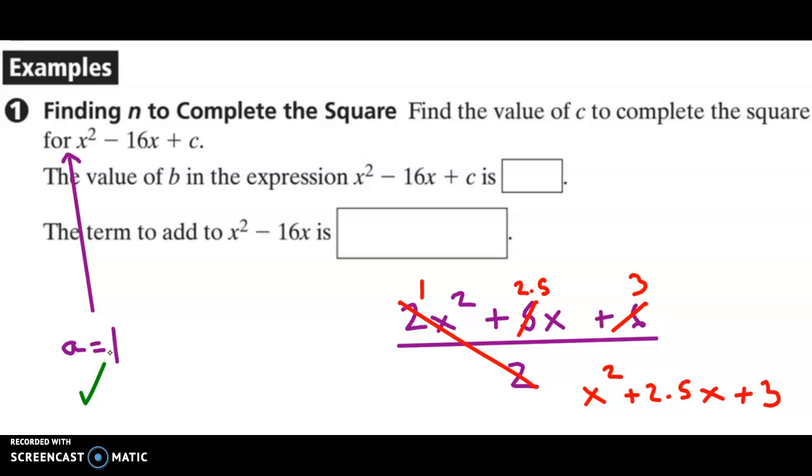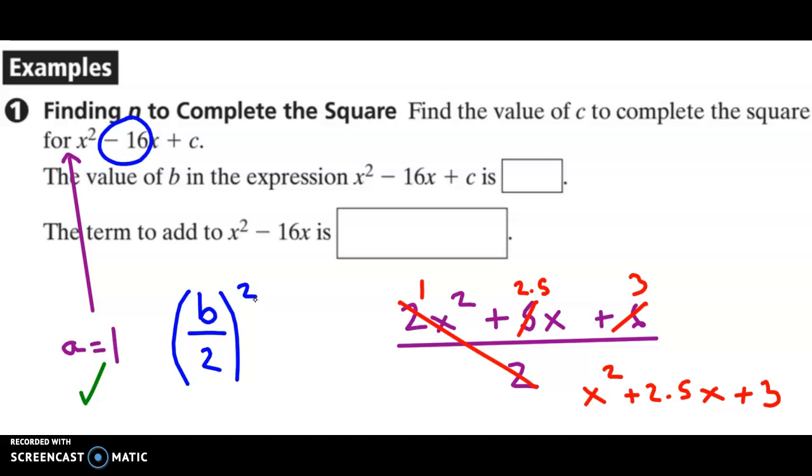So once we have a equal to 1, the next thing we're going to do is take a look at b. And this is just a set rule, and this is really what we're going to be looking at in this part 1 intro lesson: taking b, dividing it by 2, and squaring it.